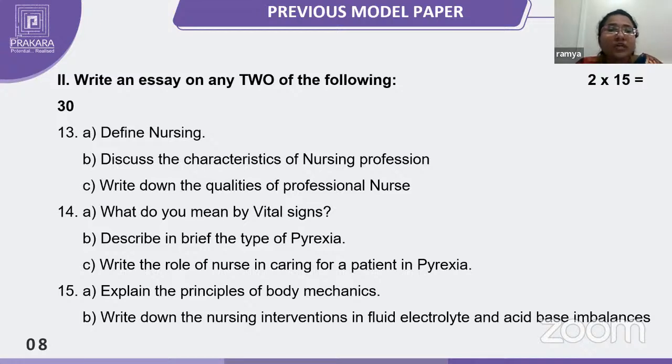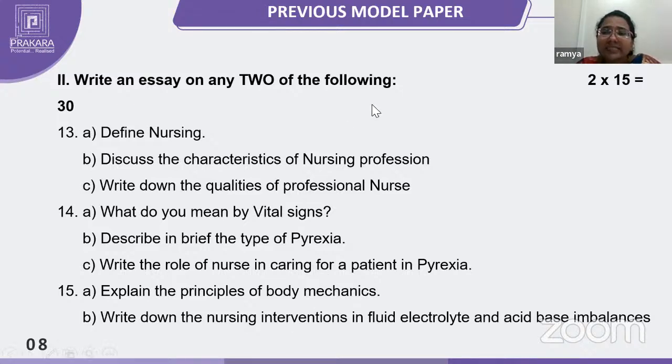Among these 3 questions, you can write any 2 of them. While choosing, pick the two that you know best, so that you can present them in a better way. Select any 2 of them and present them neatly.